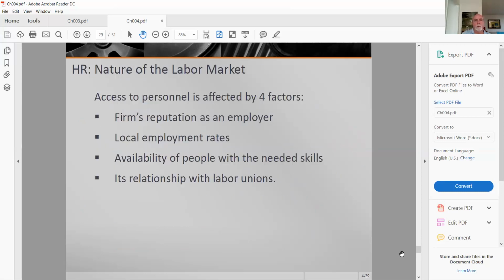And don't forget the nature of the labor market, people. They're talking here more towards environmental factors with the firm's reputation as an employer, employment rates, availability, relationship with labor unions. And that's all true, but what you're looking at is understanding that you do have people.